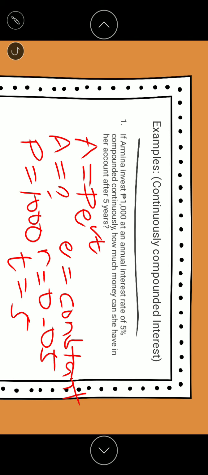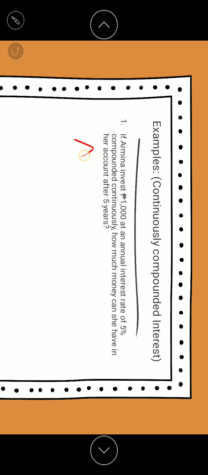With this, we now have the formula and the given facts or values to use in the solution. So to start with, write down again the formula to use, which is A equals P E to the power of R and T.